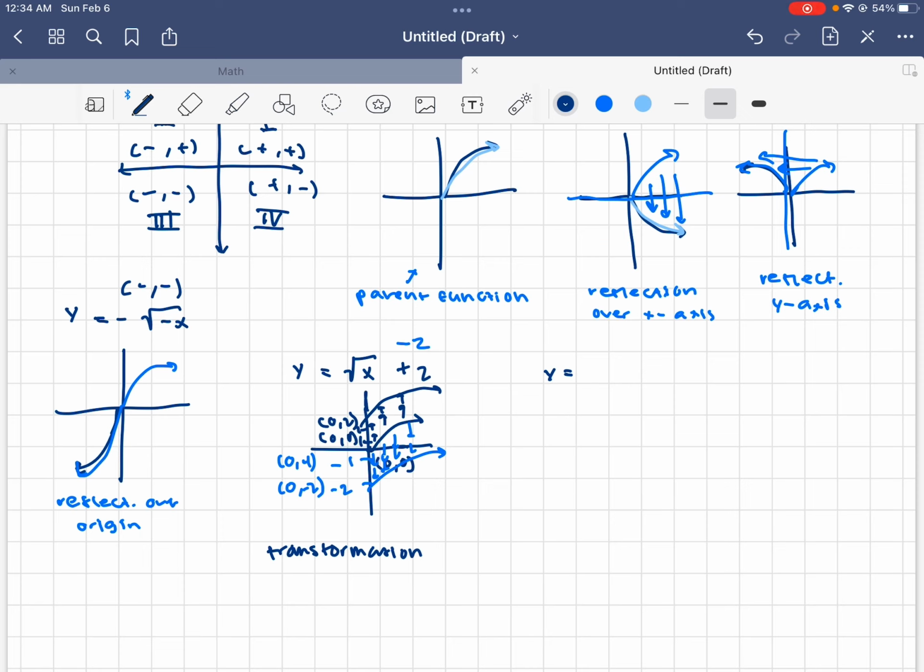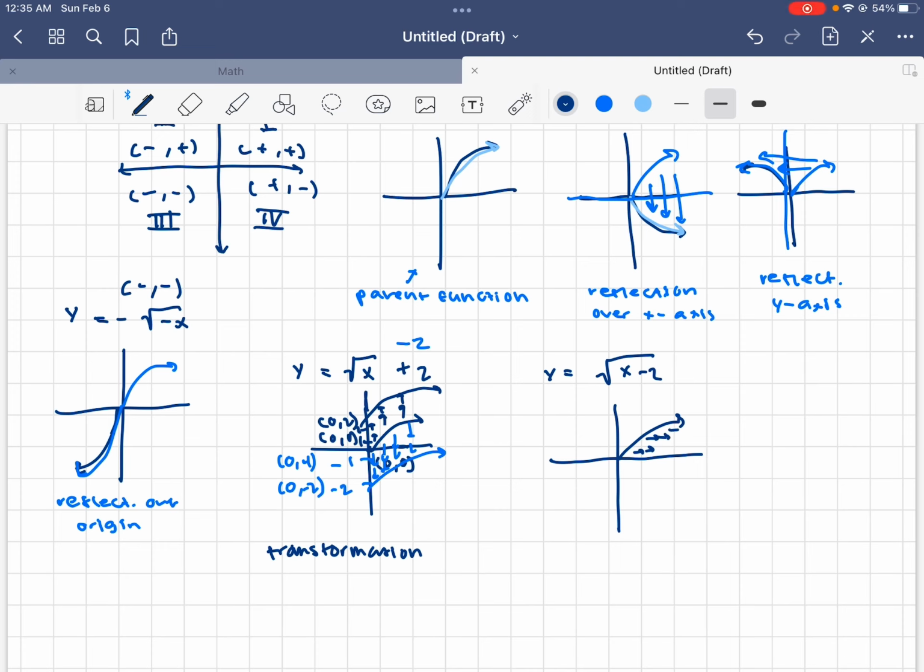So what if it was y equals square root of x minus 2? Let's start with our parent function again. Okay, so minus 2 moves or transforms our function over 2 units to the right.